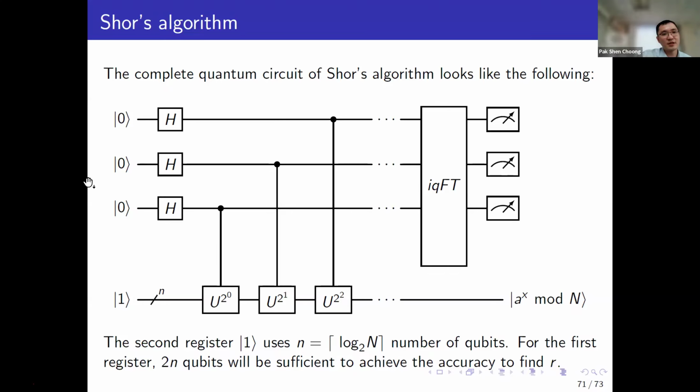The first register is all zeros, and this gives you the precision of your estimated phase. If you want to be more precise, you need to have more qubits. Of course, this is through testing. As long as you have 2 times n qubits over here, it should have enough precision.